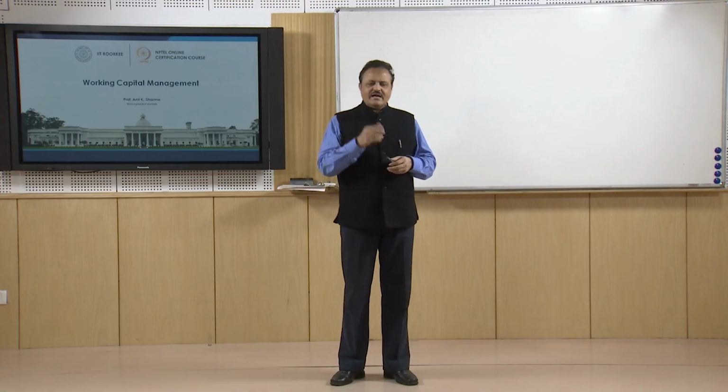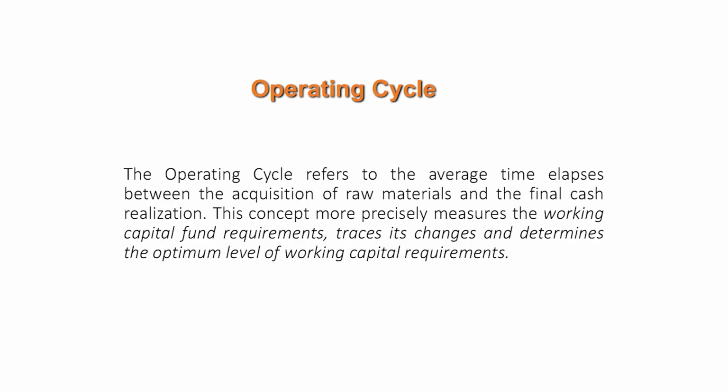If you look at this PPT, this slide, what we have written here is that the operating cycle refers to the average time that elapses between the acquisition of raw material and the final cash realization. This is just what I told you. This concept more precisely measures the working capital fund requirements, traces its changes, and determines the optimum level of working capital requirements.